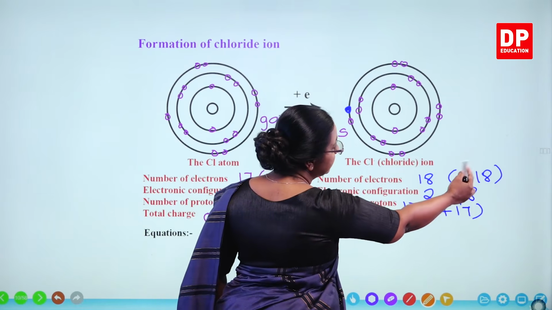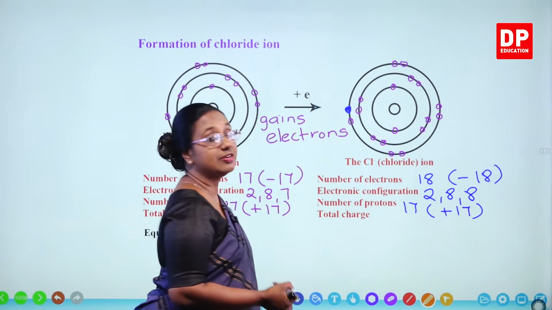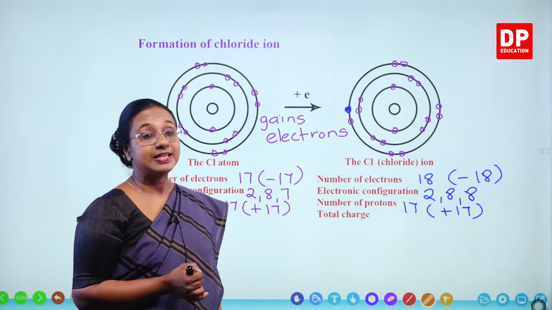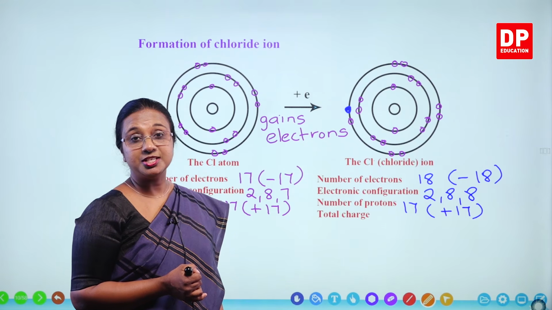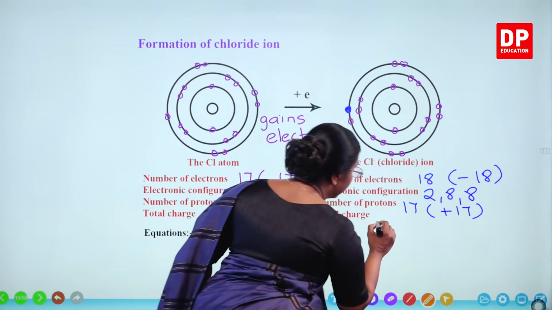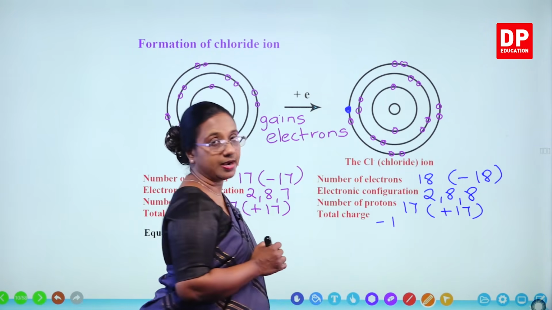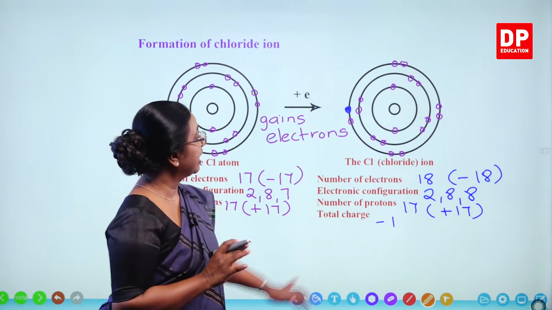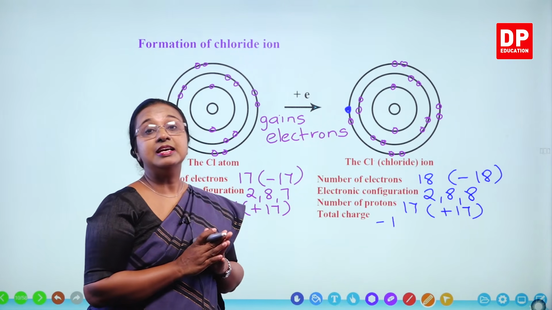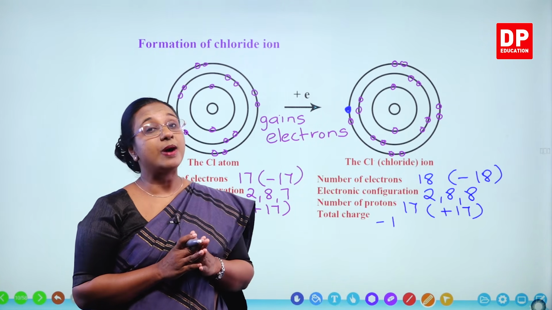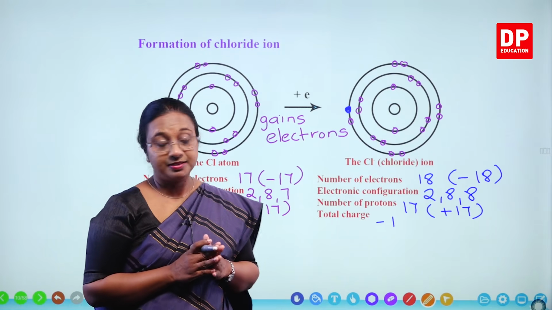When there are 18 minus charges and 17 positive charges, what is the net charge or the total charge? That is going to be minus 1. So because of that, this ion is a negative ion or what we call as anion.